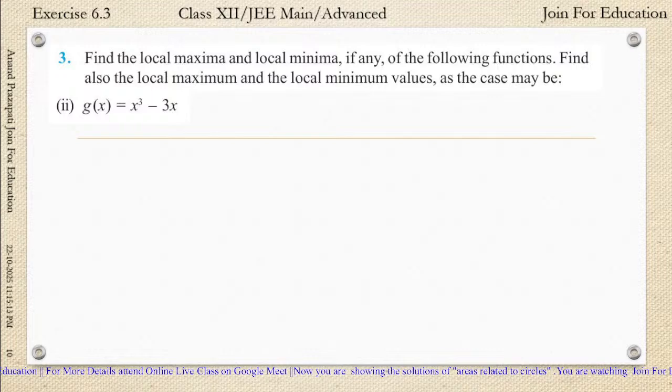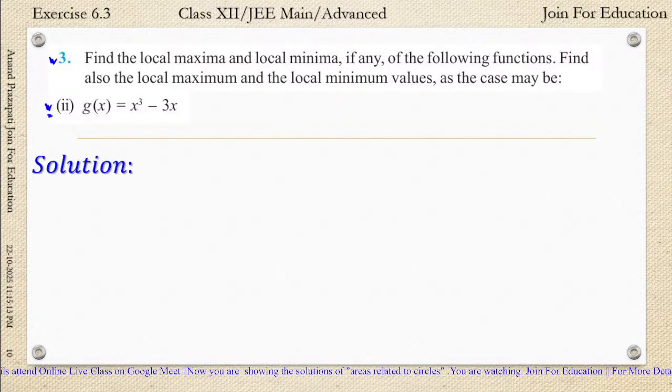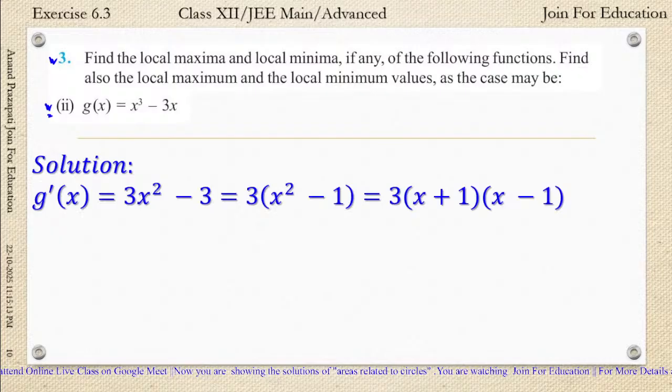Let's see question number 3 (ii). Let's see the solution. First derivative of gx is 3x square minus 3, equal to 3 into x square minus 1, equal to 3 into x plus 1 into x minus 1.